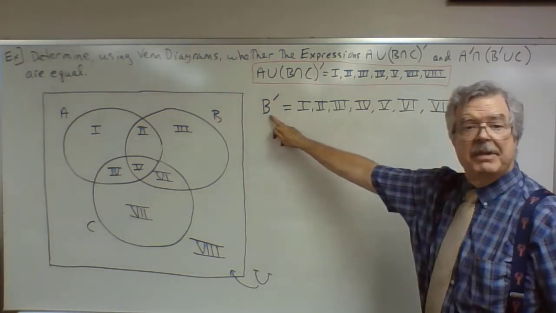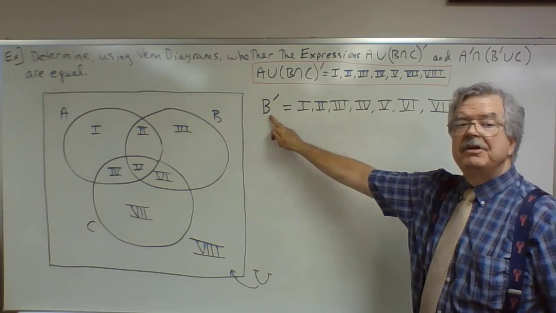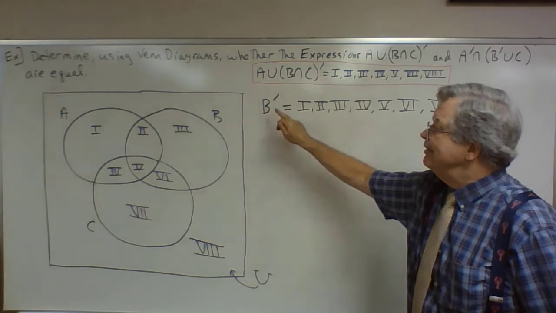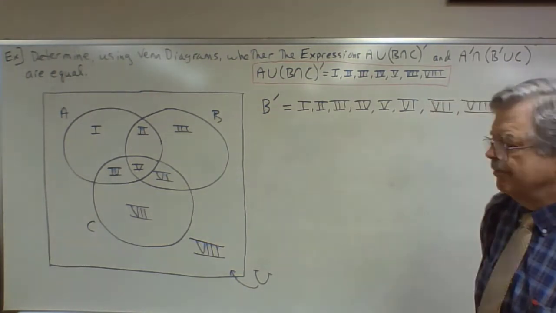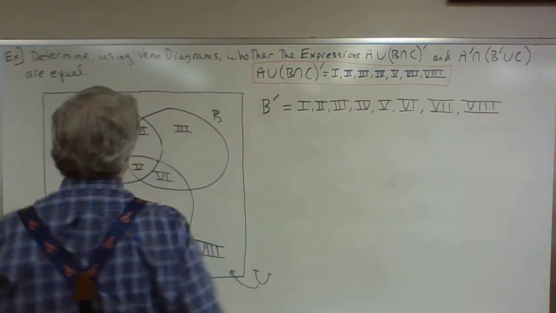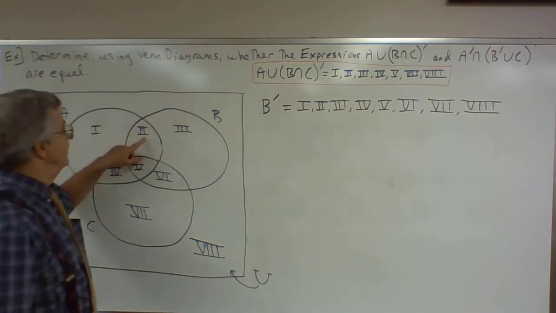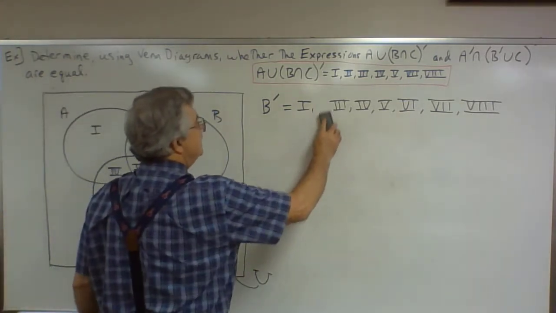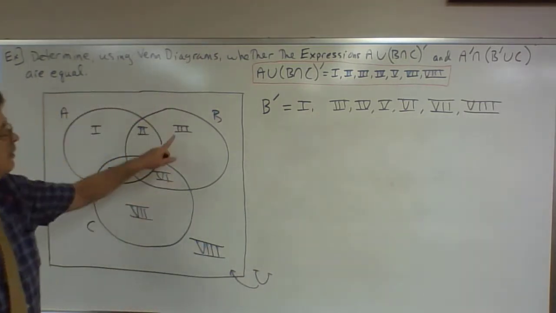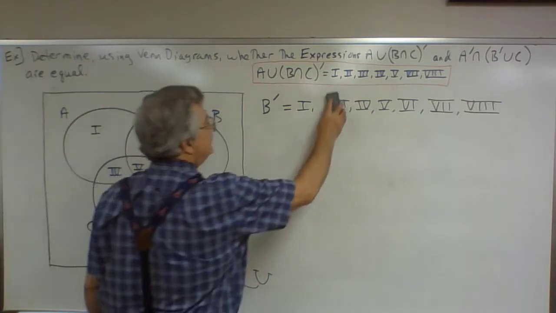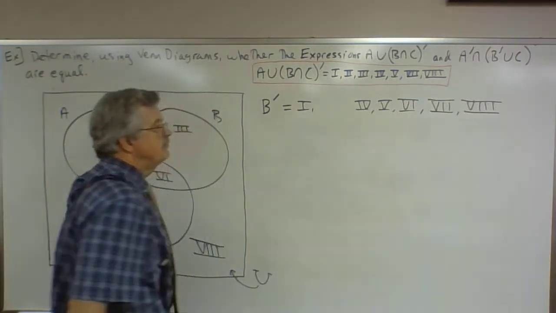B complement is the set of all regions in the universe that are not in set B. Region 2 is in set B, so it's not in B complement. Region 3 is in set B, so it's not in B complement.